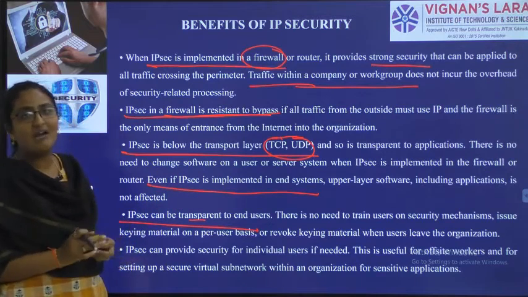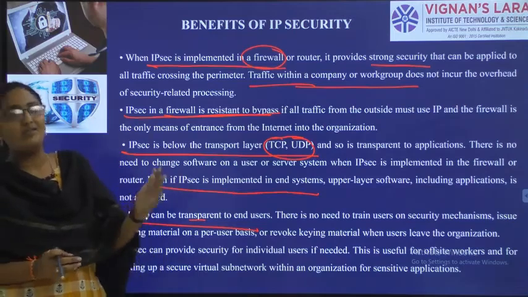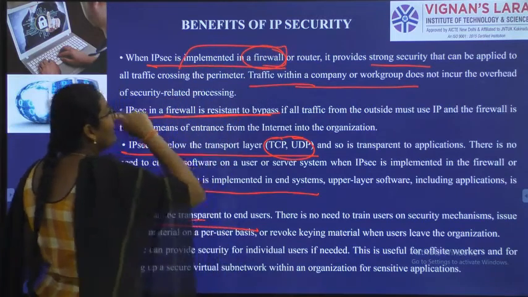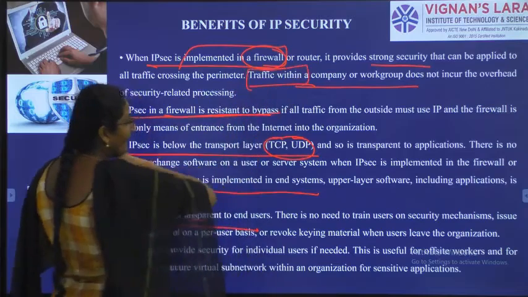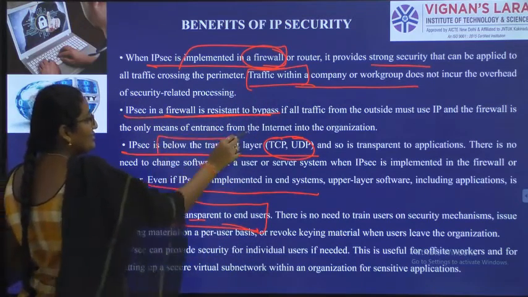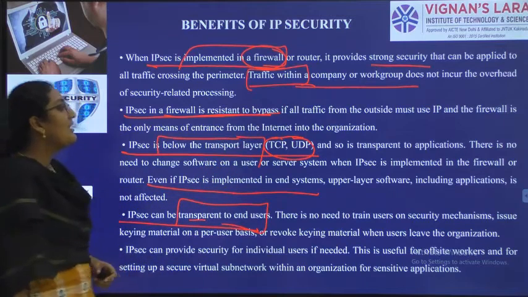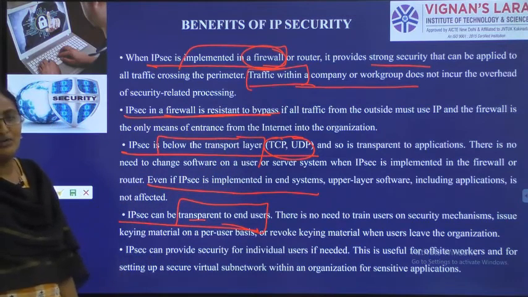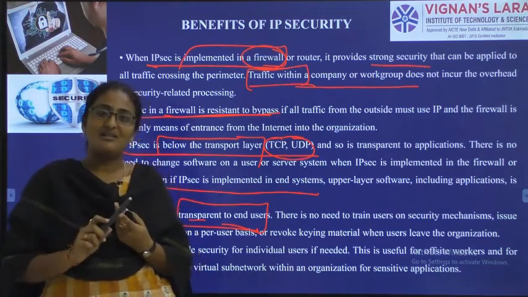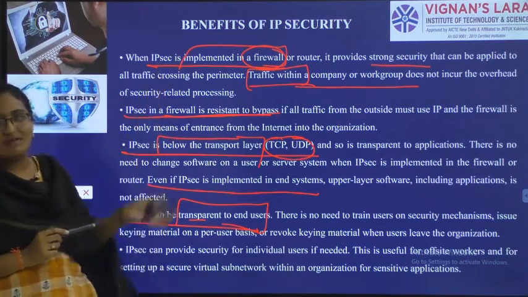But what are the add-on benefits? It is implemented in a firewall, used to regulate the traffic in companies, transparent to end users, resistant to all the attacks in the firewalls, and helpful to TCP and UDP. Advantages and benefits are the same. Applications are the applications we get from these benefits.